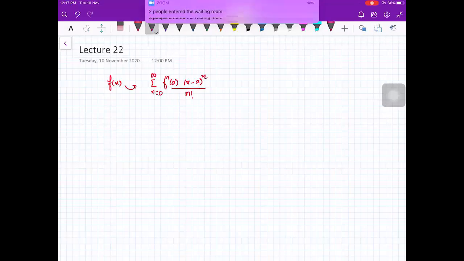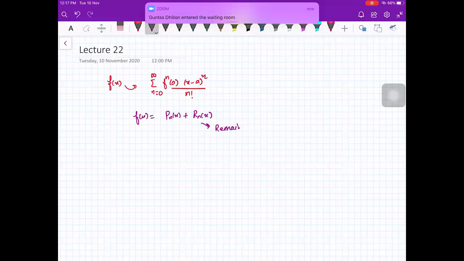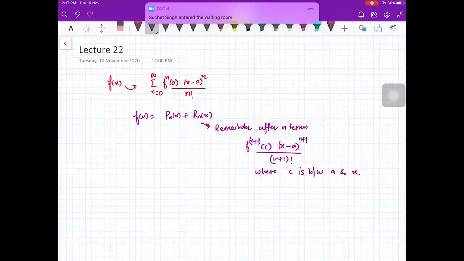And we have seen that you can write f of x is equal to Pn x plus Rn x, where Rn x is the remainder after n terms, and the formula is the (n plus 1)th derivative at a point C, (x minus a) raised to power n plus 1 upon (n plus 1) factorial, where C is between a and x.